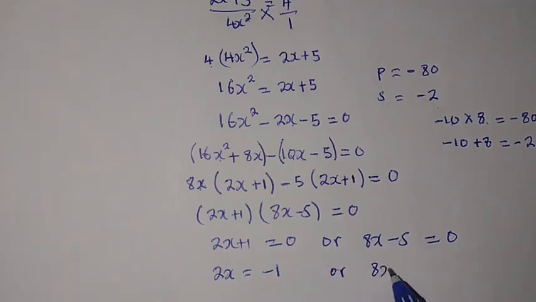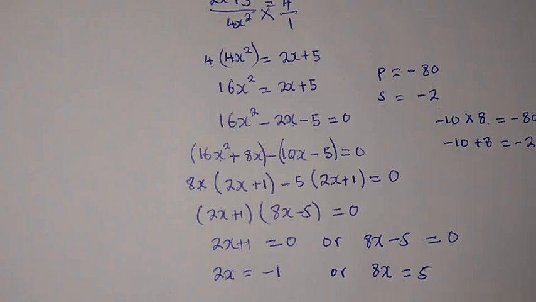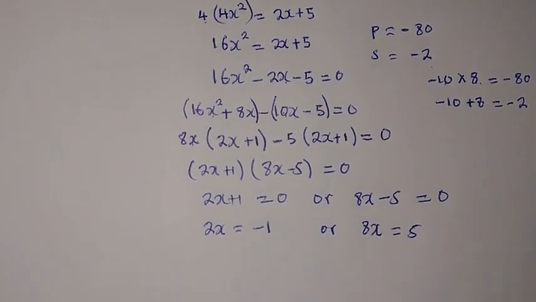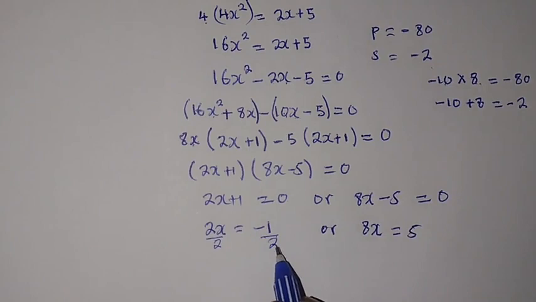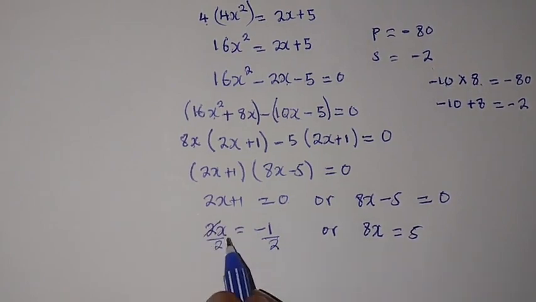Or 8x = 5, because this negative 5 will go to where 0 is, to be 0 plus 5. Okay, it will give us a 5. So here we want to find the value of x. We can divide by 2, even this side by 2. So we can cancel this.